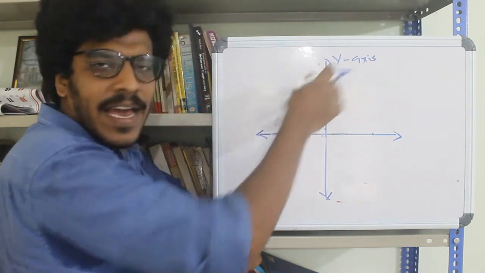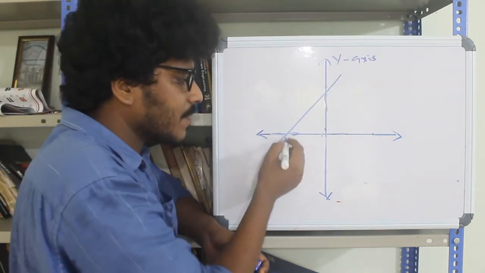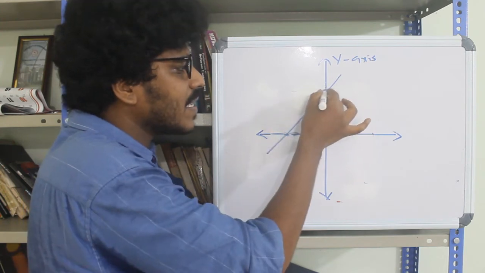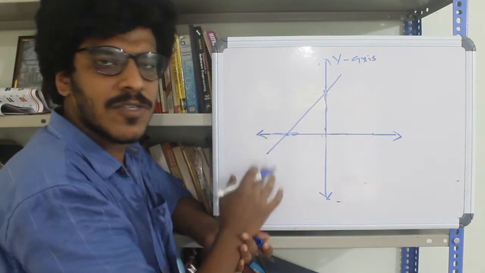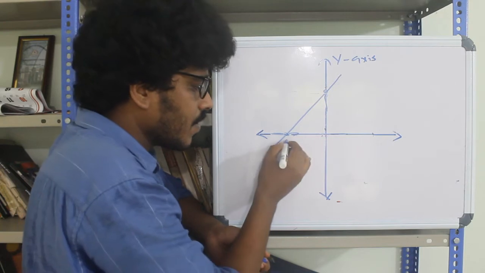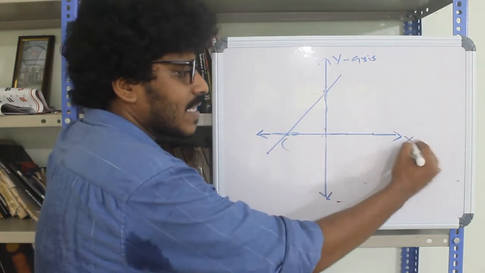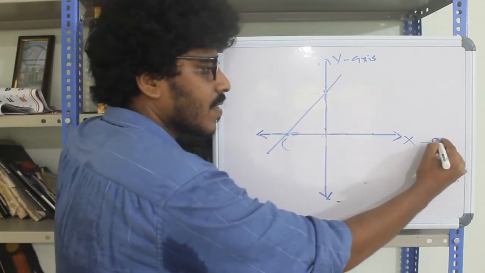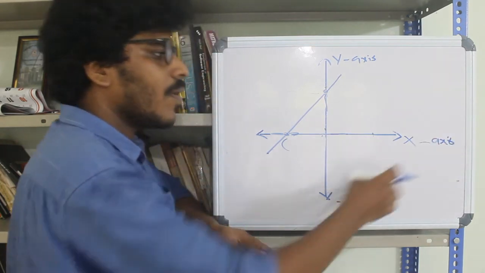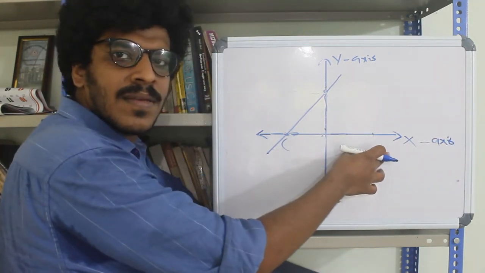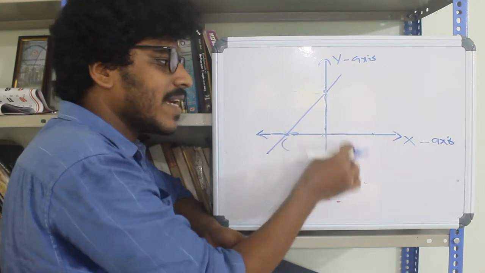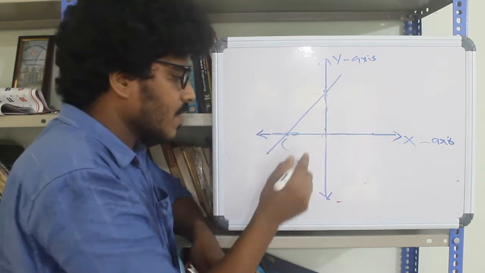So suppose we have a graph like this. This graph meets the x-axis and y-axis at two different points, obviously. So this is our x-axis, this is our y-axis. On the x-axis, the y-coordinate is 0.